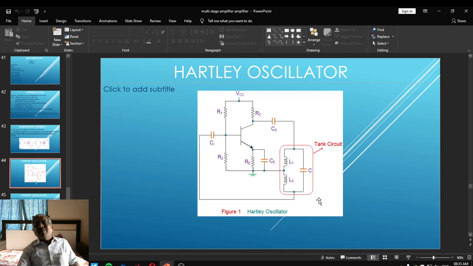But when the impedance of this tank circuit becomes equal to 0, then resonance will take place in the tank circuit. And when resonance takes place, naturally the maximum resonating frequency will be generated, and that is what we can call the maximum frequency of this particular Hartley oscillator.